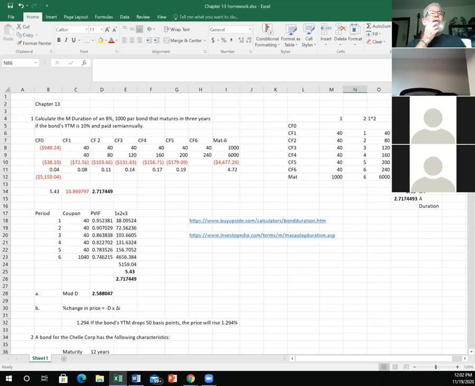But given the information we've got here, it wants to know the Macaulay duration of an 8% $1,000 par bond that matures in 3 years. Yield to maturity is 10%, and it's paid semi-annually.